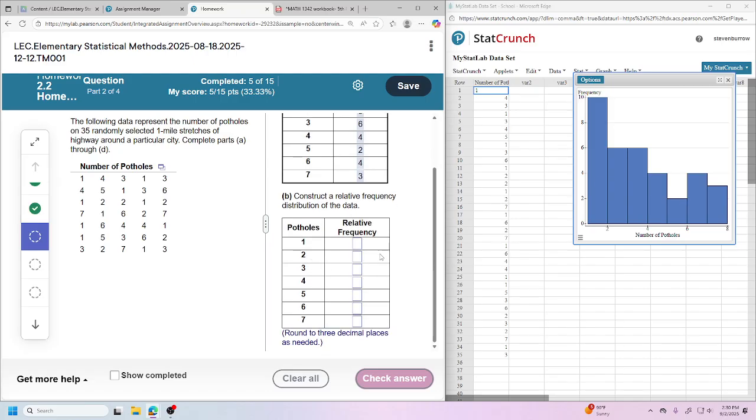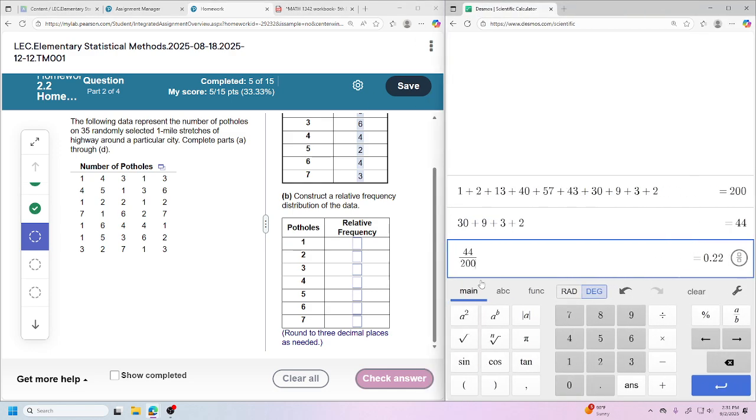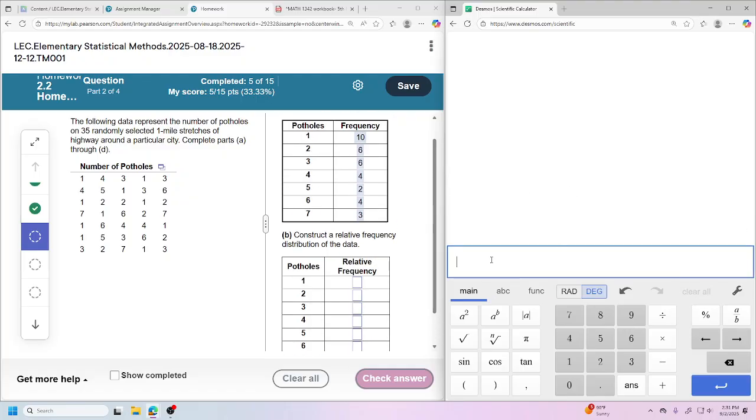Relative frequency. What do I have to do to find the relative frequency of this kind of stuff? Yeah, add it up and then say it. Divide by the total, exactly. Very good. So what I'm going to do is take each one of these and divide it by the total. So I have 10. What's my total supposed to be? Just look around. Take a guess. 35 exactly. It said in the problem, didn't it?